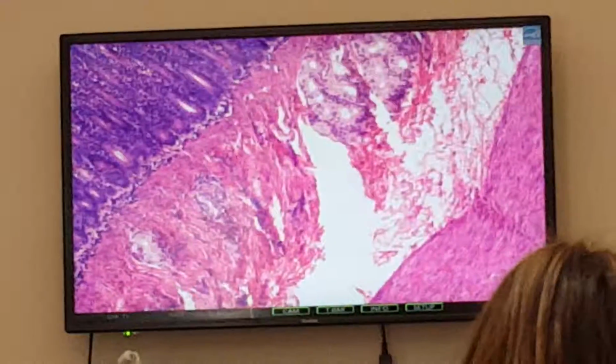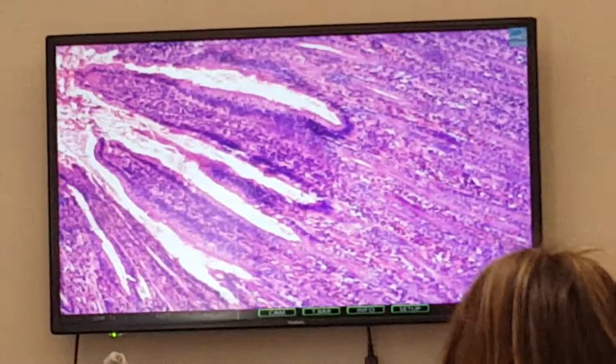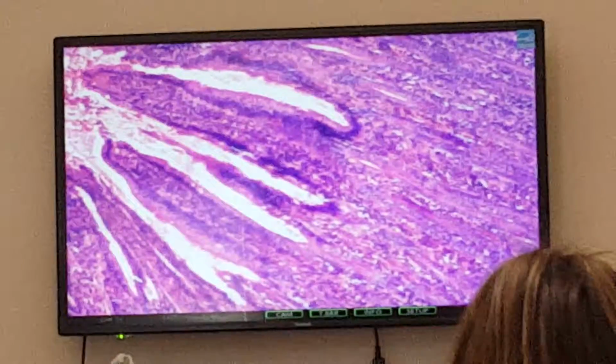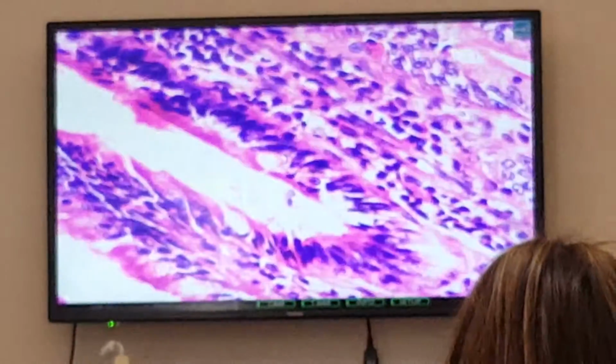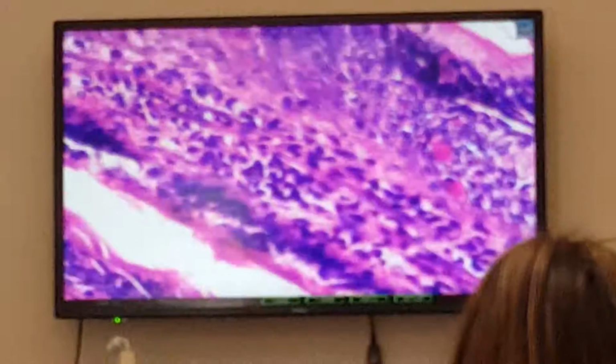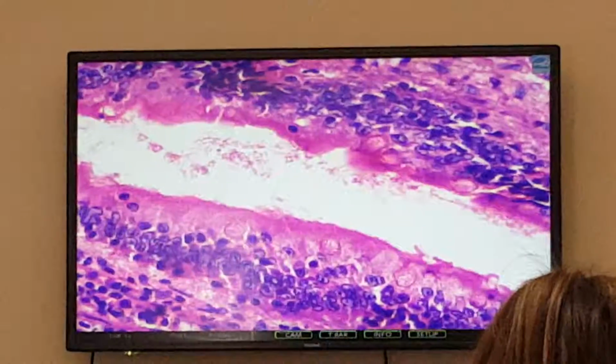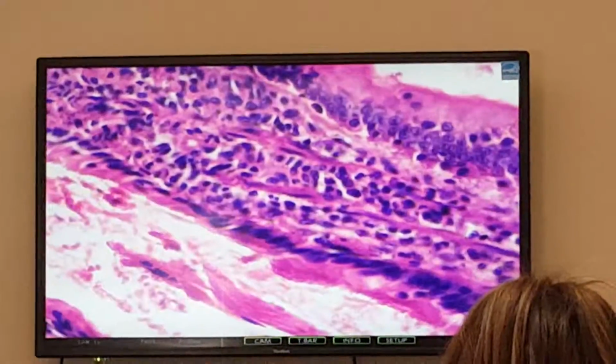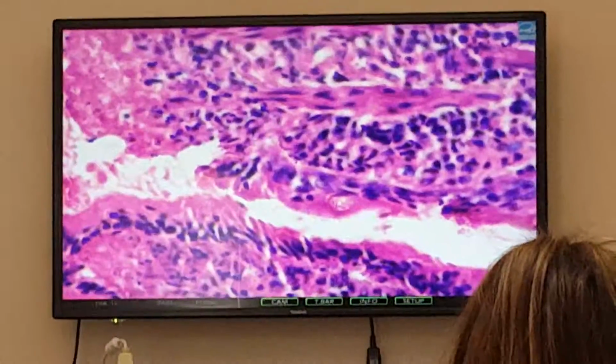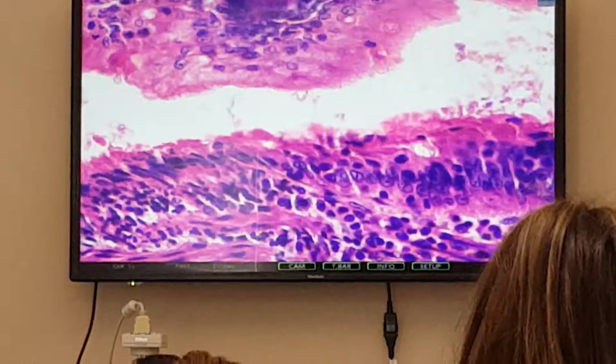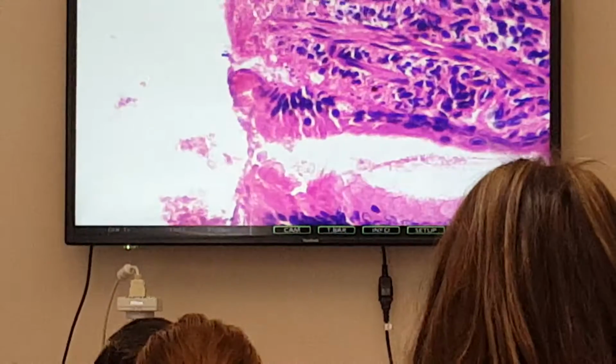Let's go back here. If I look closely at these villi, let's go to higher power. Not a very pretty columnar epithelium, that's what someone would say.